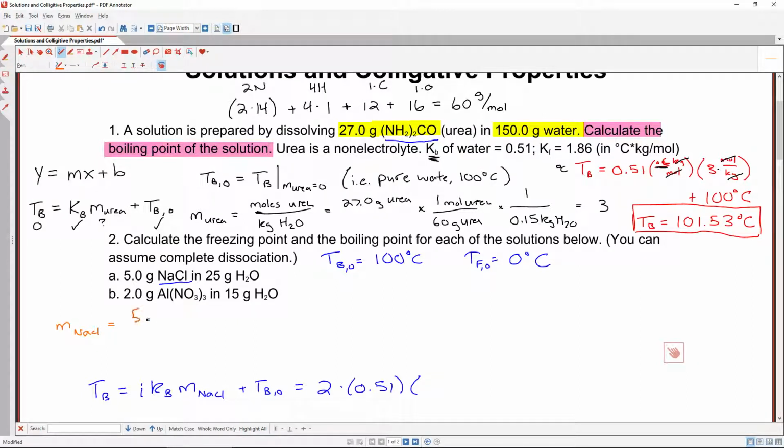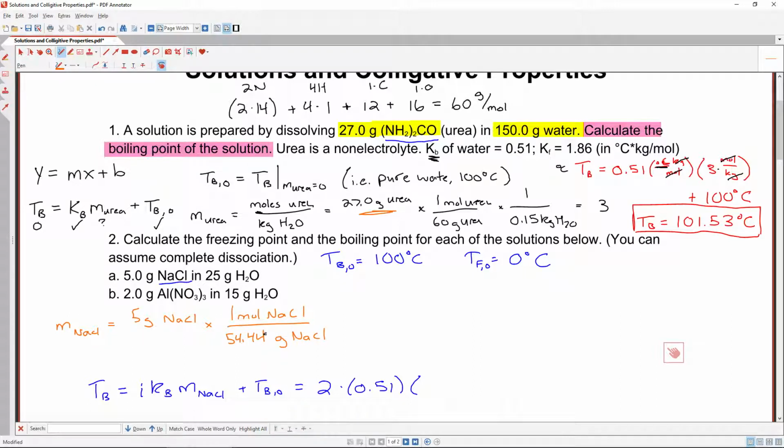So we have 5 grams NaCl, just like we did over here, times 1 mole NaCl over, we'll have to figure out the molar mass of NaCl. I believe it's 58.44.